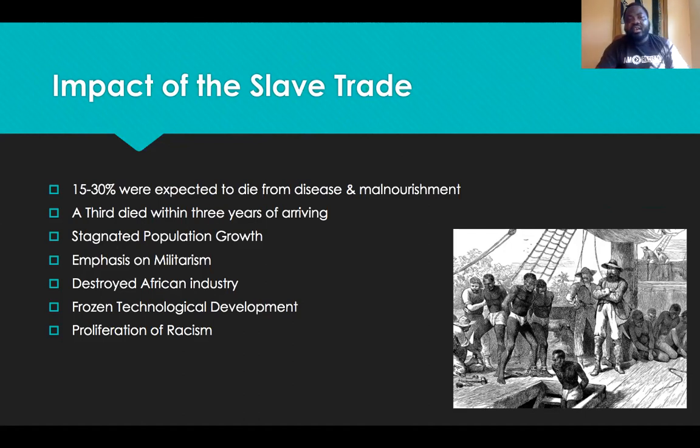On the continent, it stagnated population growth, particularly along the coast of Africa. Up until then, the world experienced a population boom across the board from the 1500s going onwards. There's a population boom in Europe.